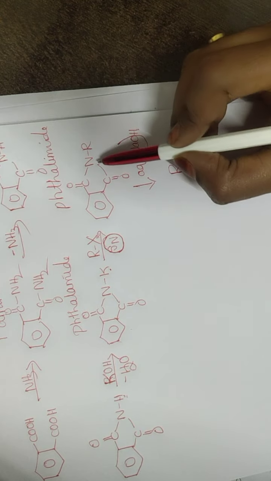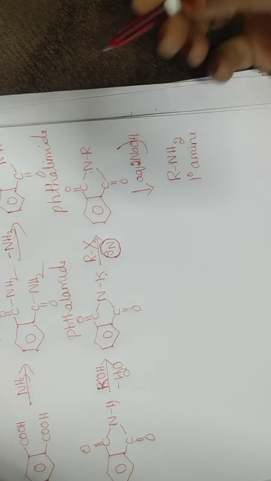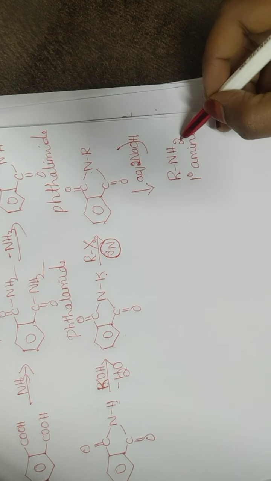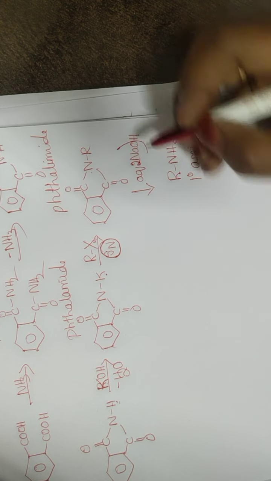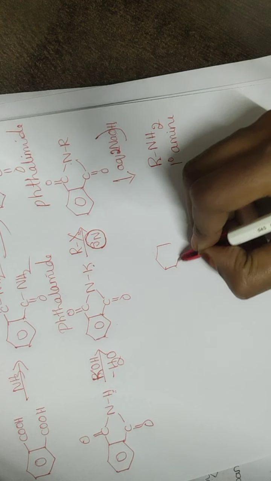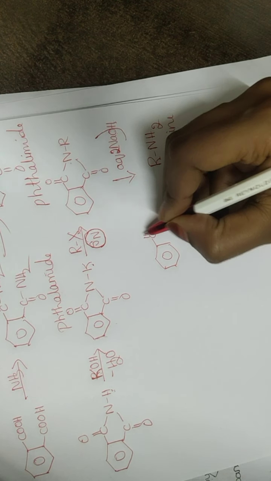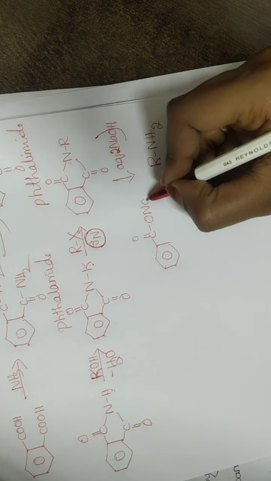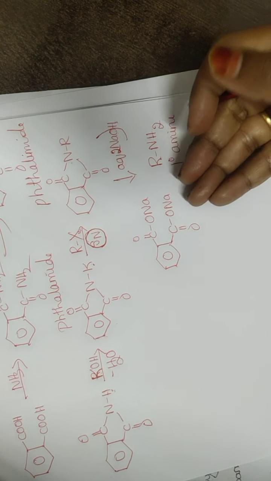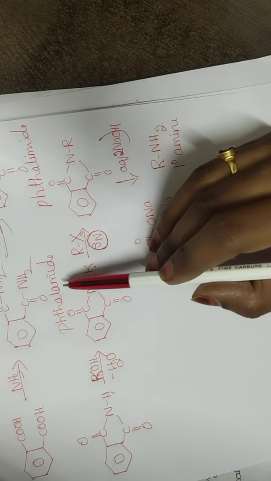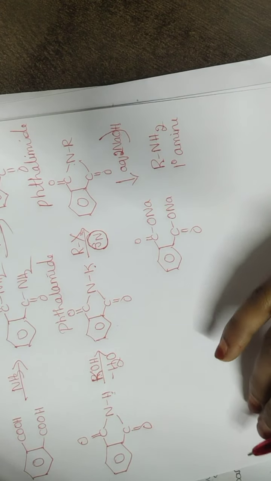The two hydrogen atoms will add to nitrogen and it will become RNH2. So what is left out now? You have NaO, so NaO will combine with the CO group to form COONa, and again COONa, which is nothing but sodium salt of phthalic acid.